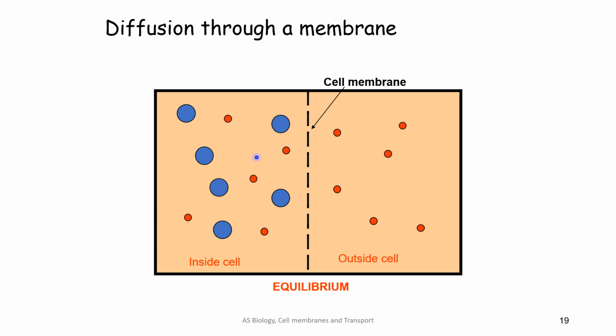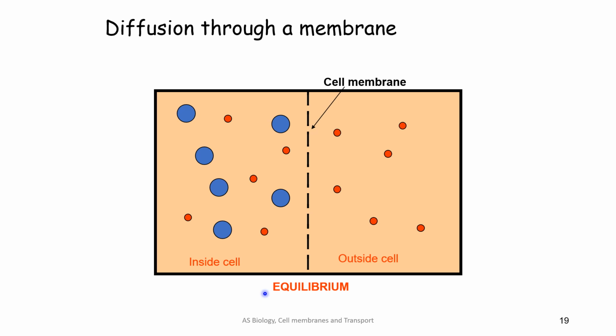So what has happened is these smaller molecules, because they are able to go through the membrane, have diffused through the membrane using their own energy, not using any energy of the cell. And because they have gone through that membrane, they have now reached equilibrium.